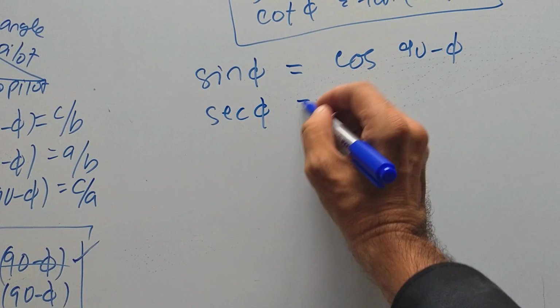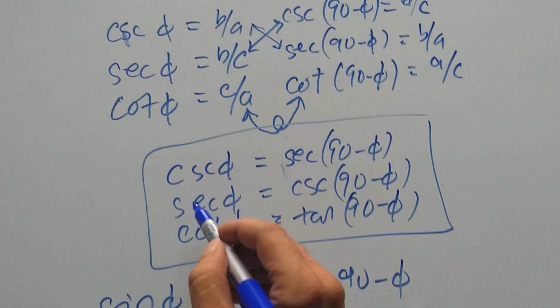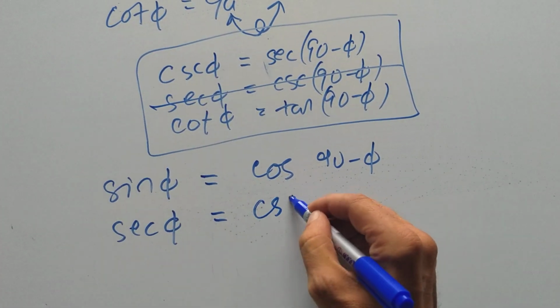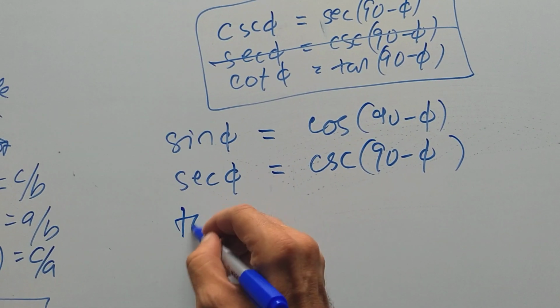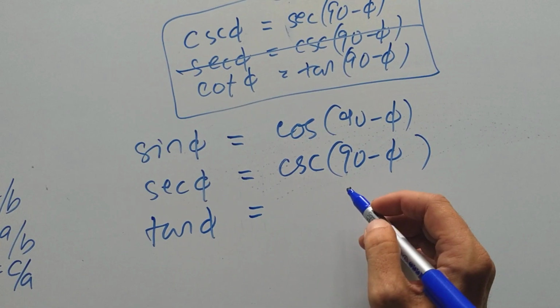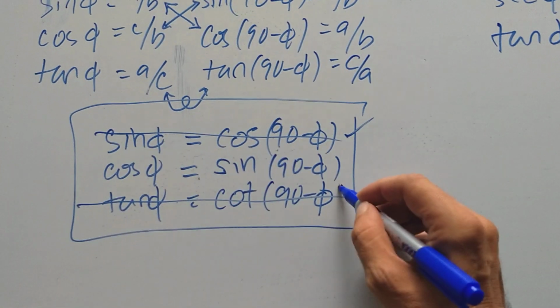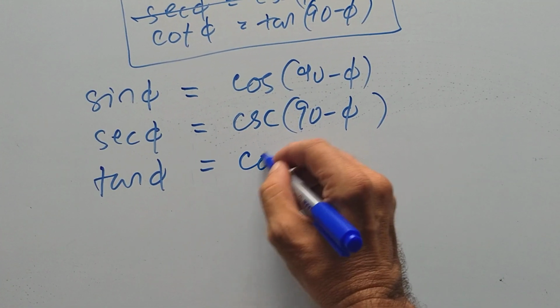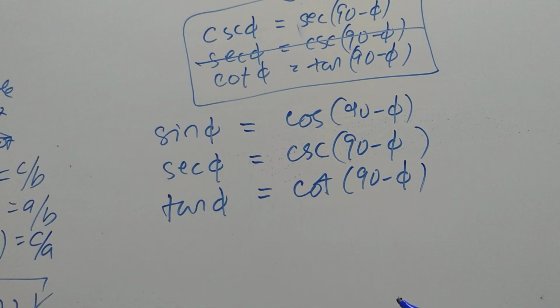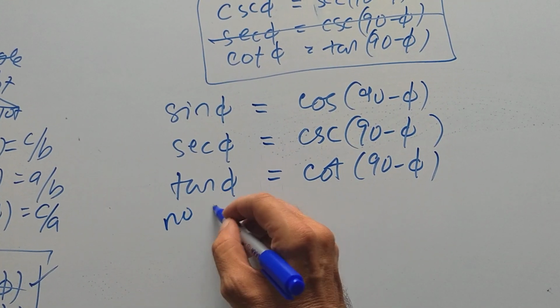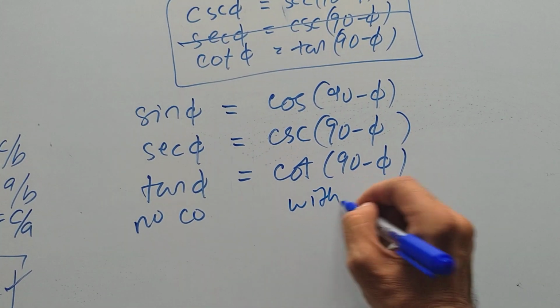Sec phi is, I got that here, cosec 90 minus phi. Tan phi is, where's tan phi? Cotan 90 minus phi. Missing parenthesis. Cotan 90 minus phi. Okay. Very beautiful. So we have no co on this side and with co on this side.